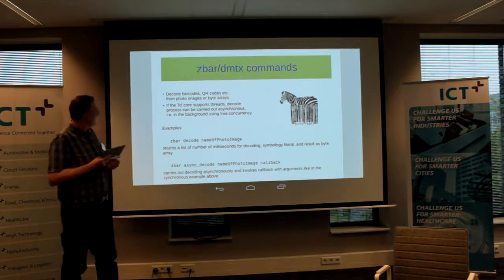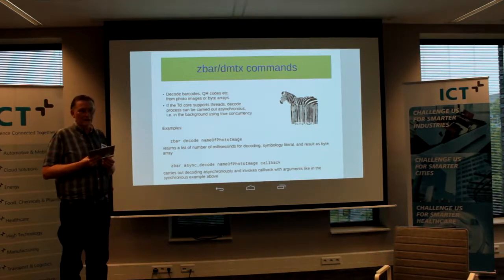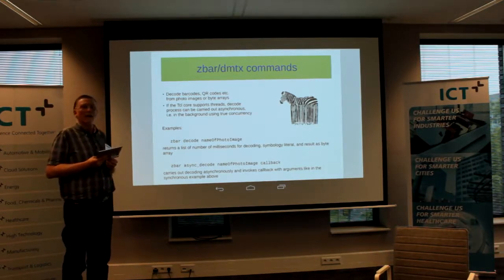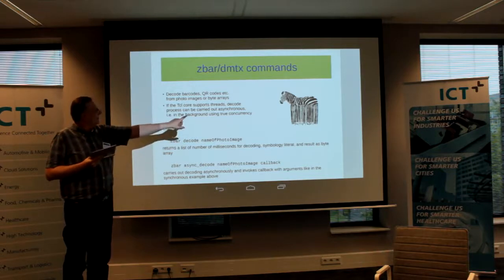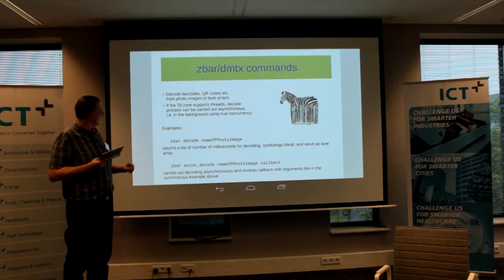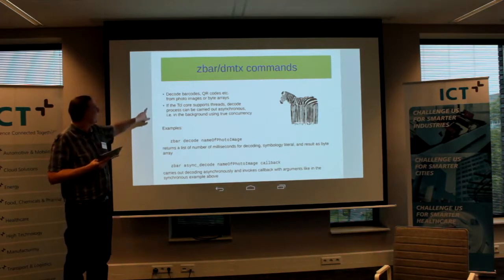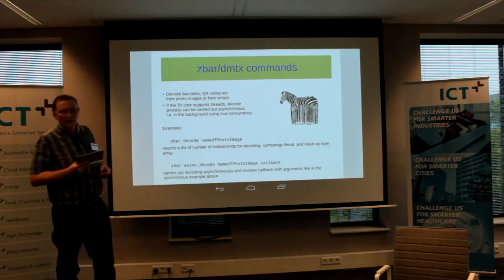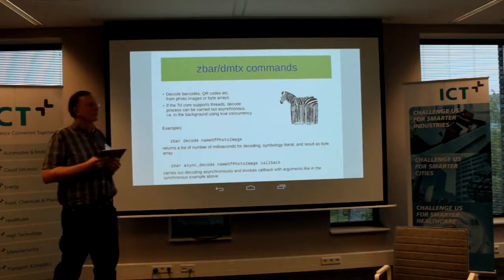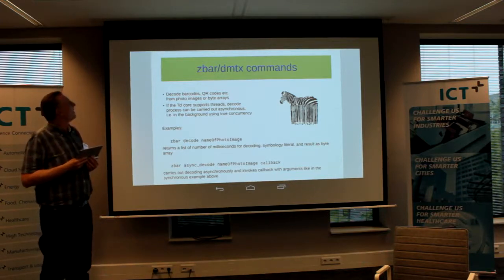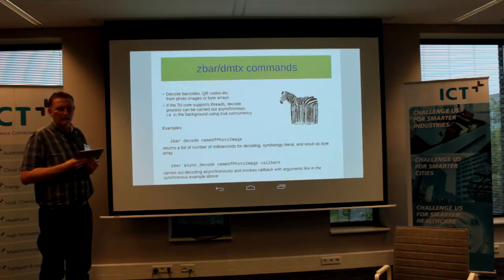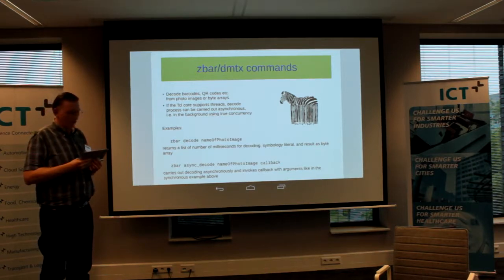And these allow to have a TK photo image and decode a barcode out of it using the ZBar library. There's another one which is made for DataMatrix code, which is also open source with a liberal license, which is called DMTX. So an older library.